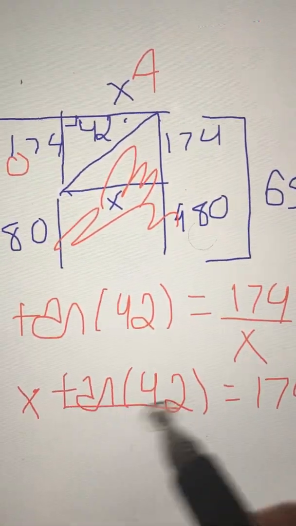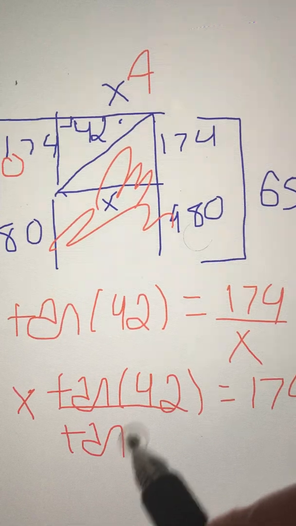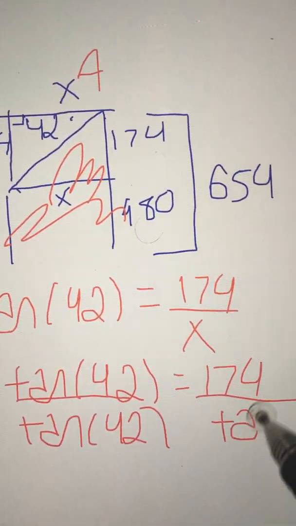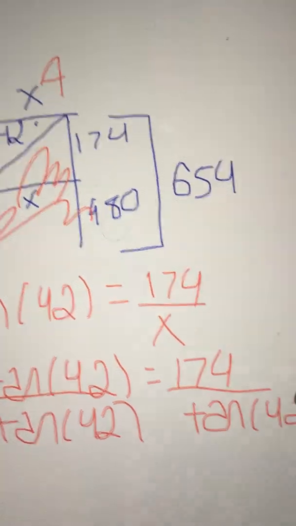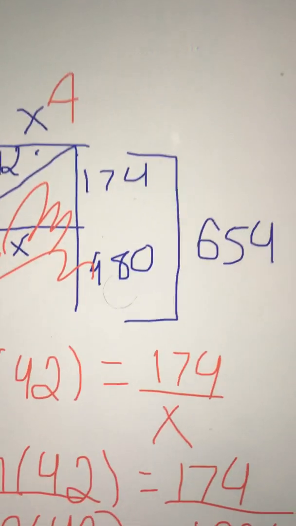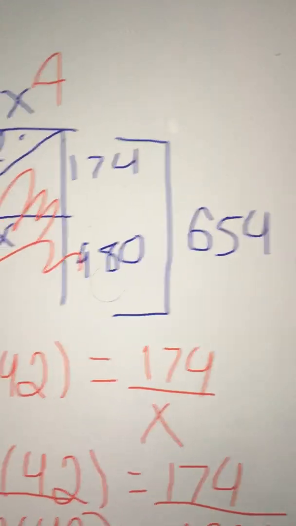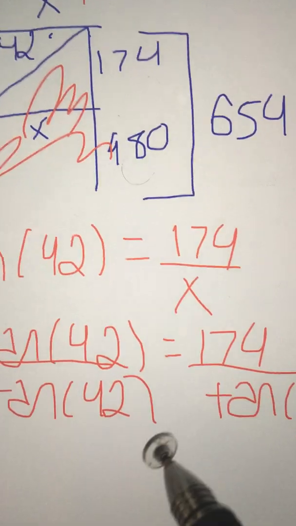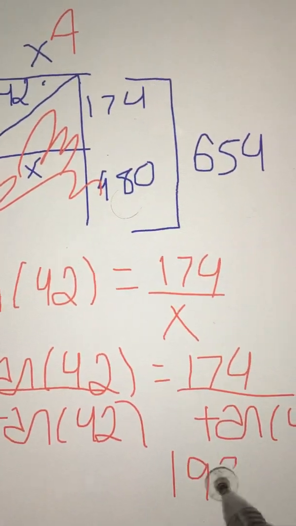And then we have to just divide by tangent of 42. So 174 divided by tangent of 42 gives us 193 feet.